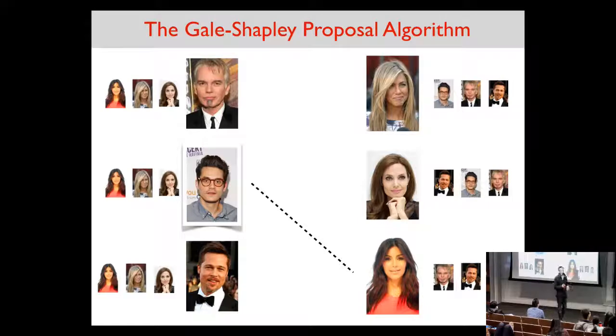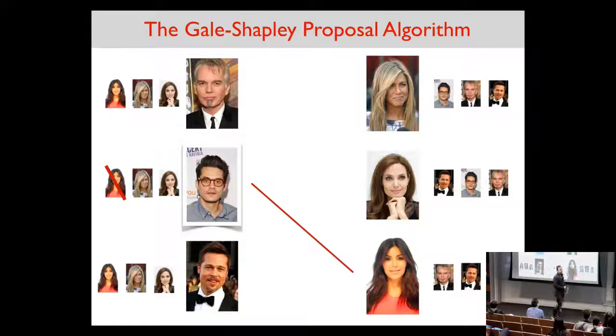So she accepts for the time being. She says yes, but in her head, if a better offer comes, she's going to dump him. So they get matched, and John Mayer crosses Kim Kardashian off his list.